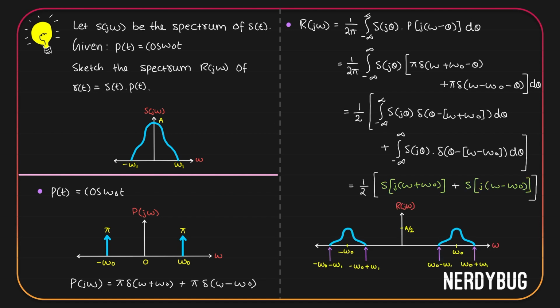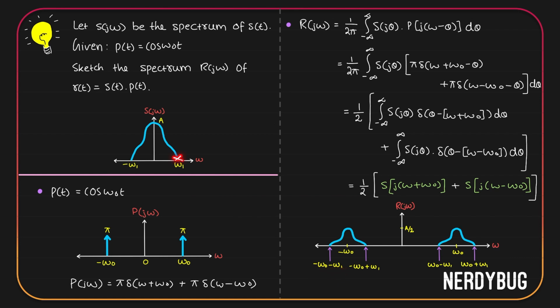We have an amplitude scaled version of S of j omega at minus omega naught and plus omega naught. I said amplitude scaled because you can see its amplitude became a by 2 from a. Now S of j omega was from minus omega 1 to omega 1. So when it was shifted omega naught units towards the left, the leftmost point which was at minus omega 1 is now at minus omega 1 minus omega naught.